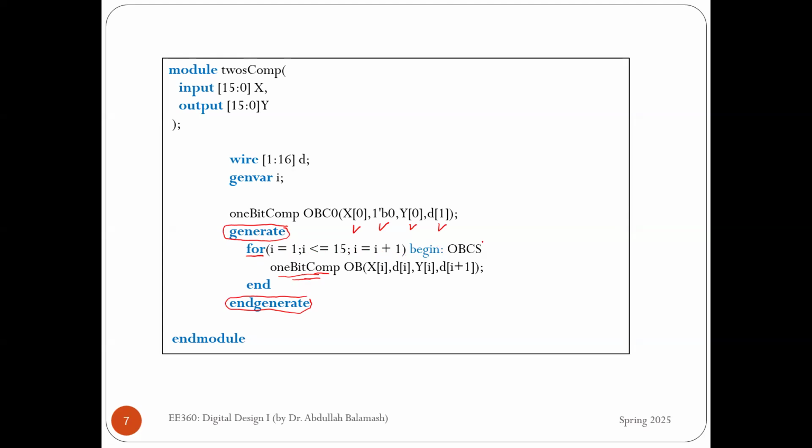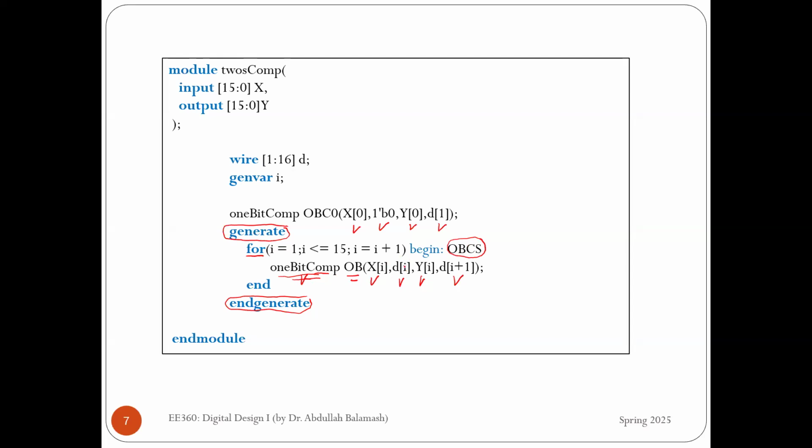Then we put a colon, then we need a name for this block, give it any name. Then we call the module, one bitcom, give it a name, that will take xi and di, and generate yi and di plus 1.